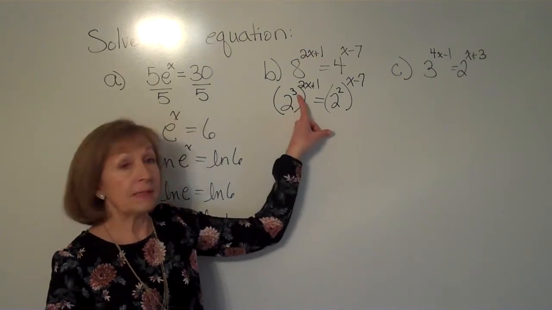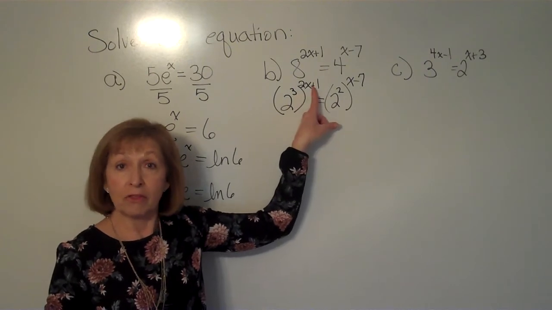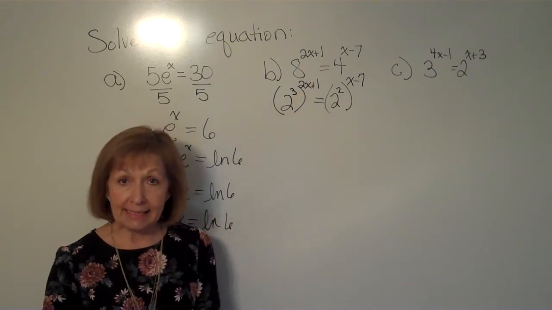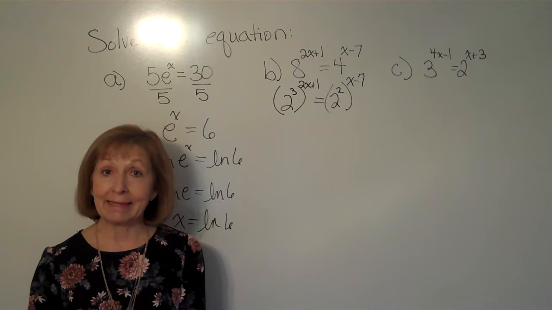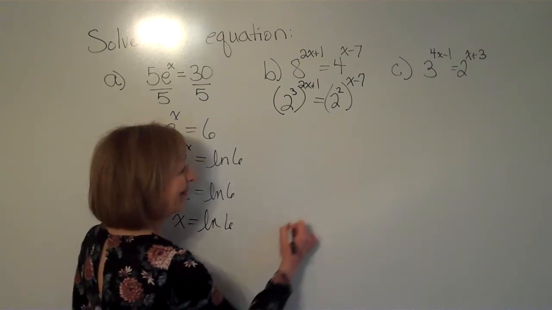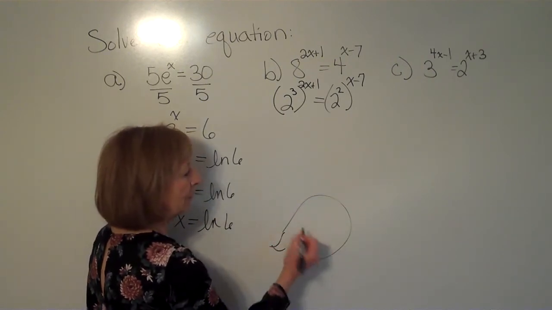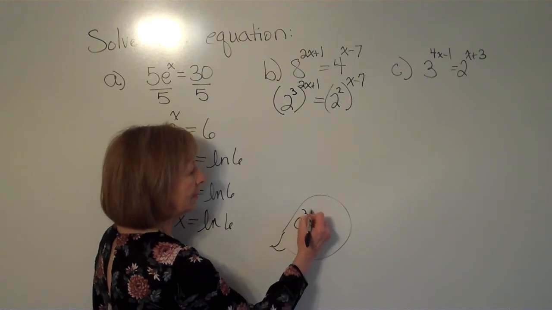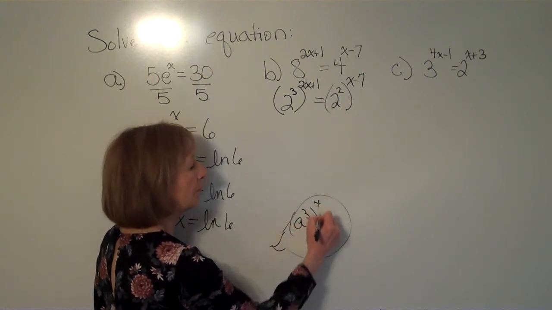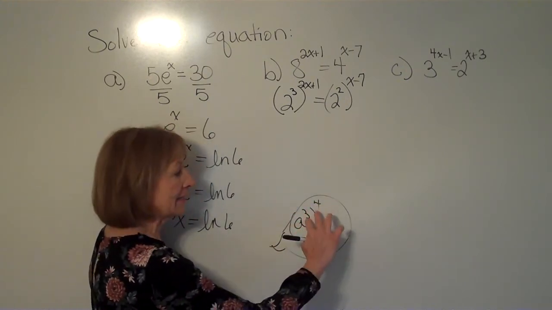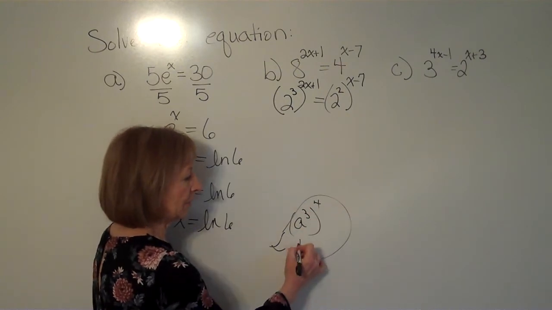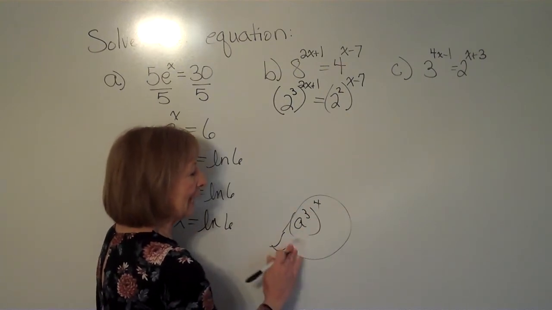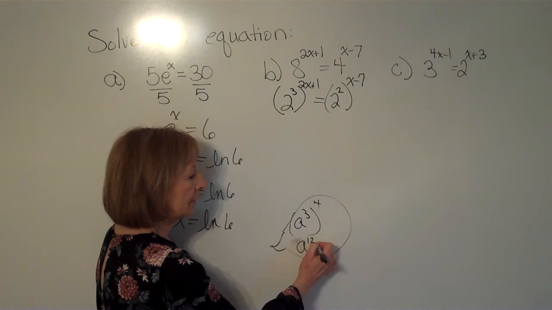When I have an exponential expression to yet another power, I keep the base and multiply the exponents. So you can kind of think back to when you have a to the 3rd raised to the 4th power, I keep the base and multiply the exponents. So that gives me a to the 12th power.